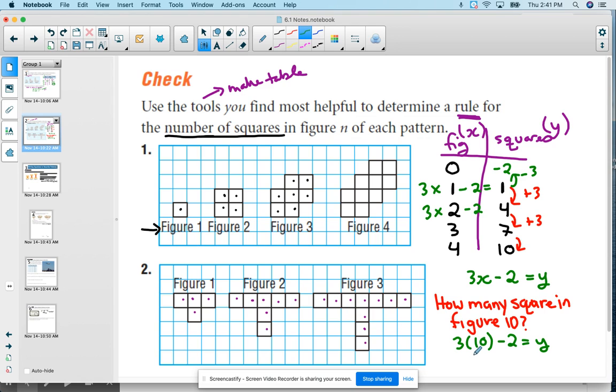Well, 3 times 10 is 30. 30 minus 2 is equal to y. So figure 10 would actually have 28 squares. In my world, that's a lot easier than trying to draw figures 5, 6, 7, 8, 9, 10. Okay? So our equation right here, the parts of it, our coefficient, what we're multiplying by, and our constant, what we're adding or subtracting. So if we're going to do another question, we'll look at this second one here.